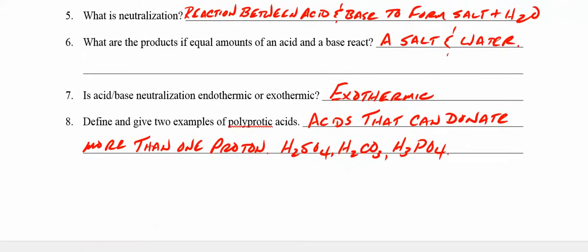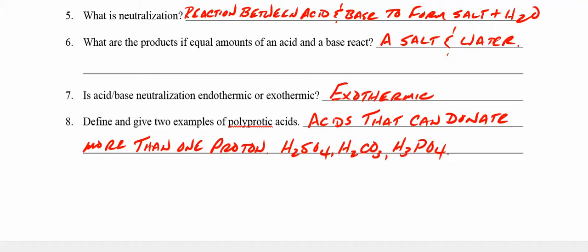All right, so here we go. Number 6. What are the products if equal amounts of acid and base react? We've already alluded to this. It's salt and water. Salt and water are the products of acids and bases. Number 7, is an acid-base neutralization endothermic or exothermic? You should know that this releases heat. This process of acids and bases coming together to form salt and water is an exothermic process.